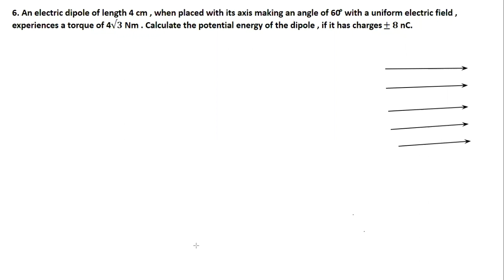And here you place the dipole in such a way that the axis is making a 60-degree angle. Okay. Let's say that this is minus q, and this is plus q. This is my dipole, and it is making an angle of 60 degrees with this uniform electric field E. Okay, so our charge value is given to us.